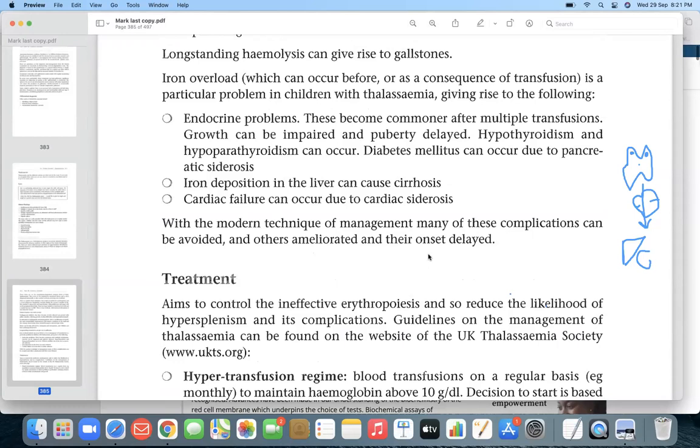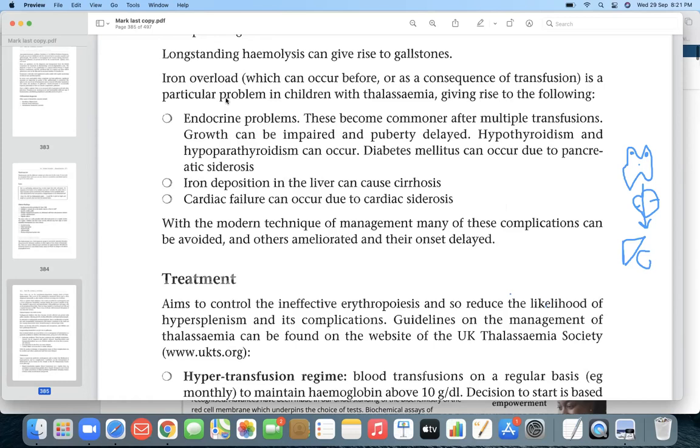Very important: when you're taking history of thalassemia, you have to ask for symptoms of hypothyroidism. Also ask questions related to checking their glucose, anything raised, and even cardiac symptoms like any edema, any difficulty in breathing. You have to keep in mind these questions which are due to iron toxicity or iron overload.